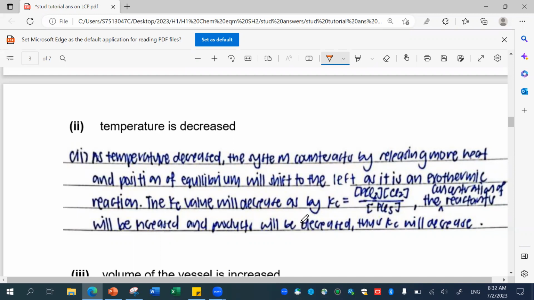Will the Kc value increase or decrease? Temperature decrease, counteract by releasing more heat, will shift to the left. So the Kc will decrease. You can see that the answer is very straight to the point. Straight away I can see why Kc value will decrease by making reference to this.